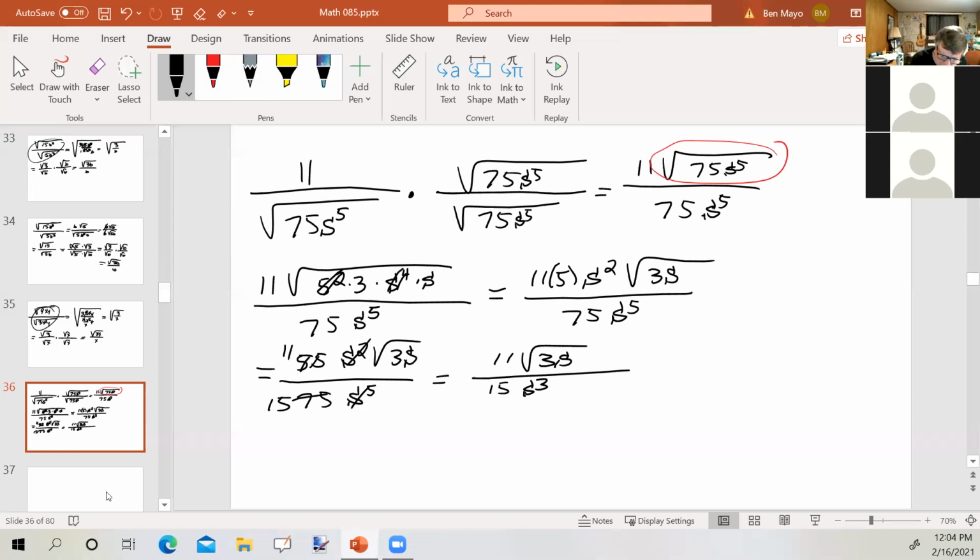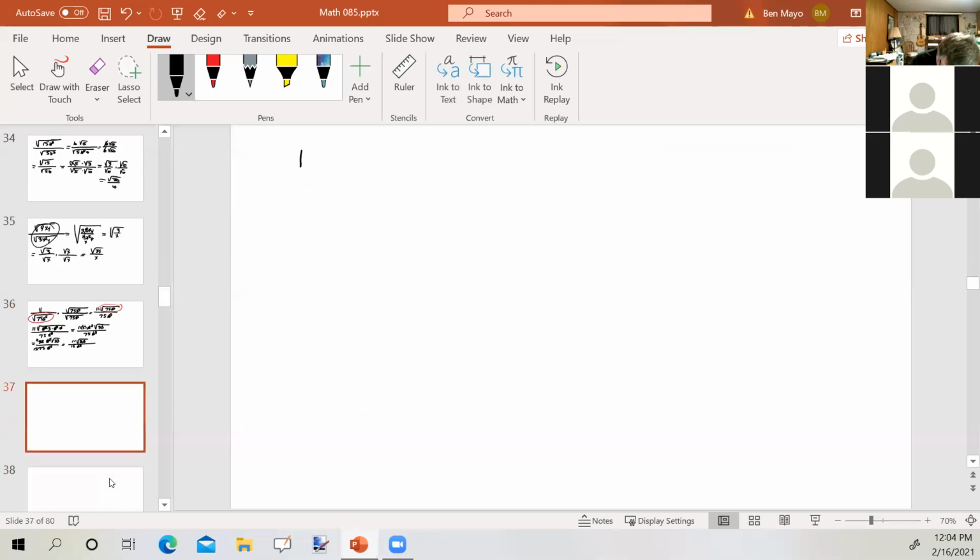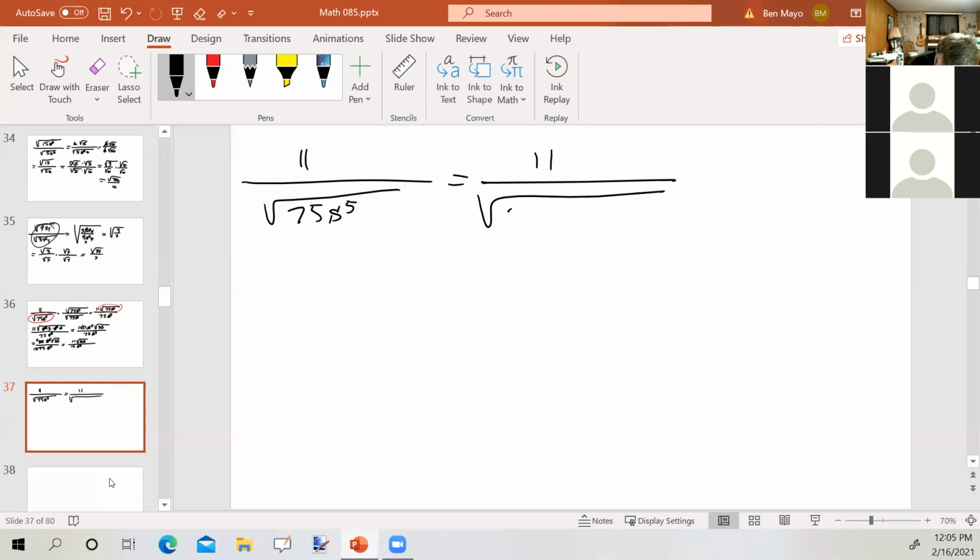It's different. Basically, what I would do is I'd go through and I'd simplify that first. I'd kick the 5 and the s to the 4th, or s squared outside. Let me just do it. You can decide for yourself. Okay. 11 over the square root of 75 s to the 5th equals 11 over the square root of 5 squared times 3 times s to the 4th times s.